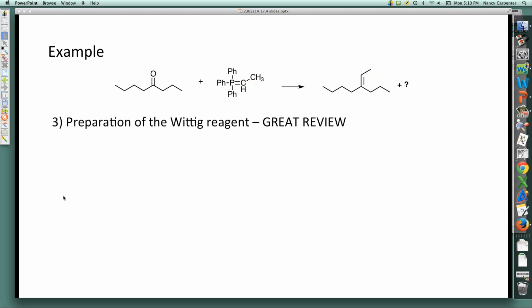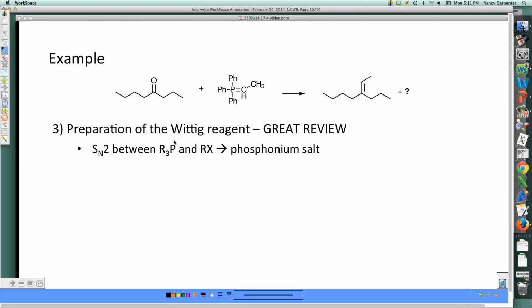Alright, so what else? Well, it's worth looking into how these Wittig reagents are prepared, because it's an excellent review of stuff that you've already learned. First, a good old-fashioned review of SN2 with this great nucleophile and our typical electrophilic alkyl halide.